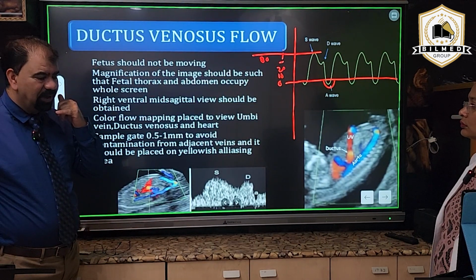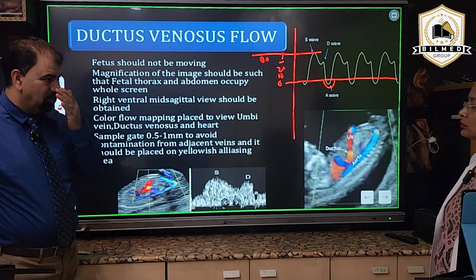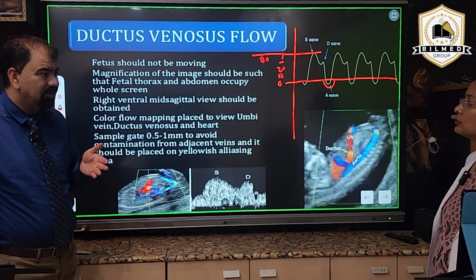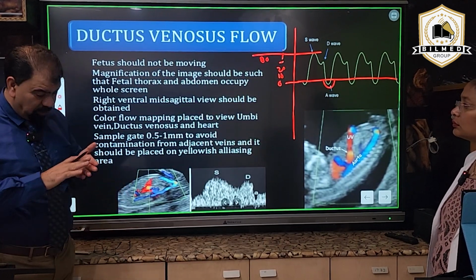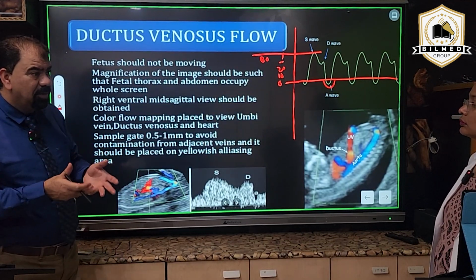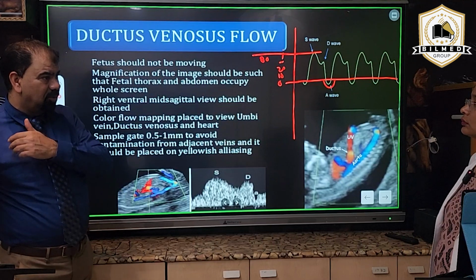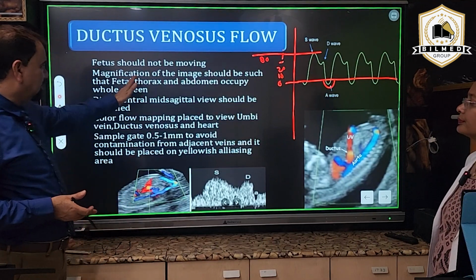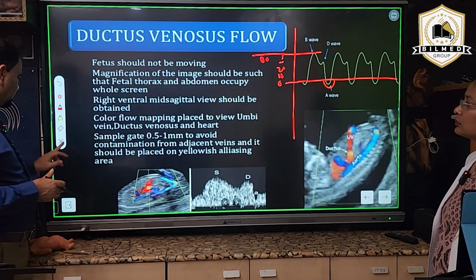You are hitting a hepatic vein and sending a patient to me with an abnormal ductus venosus, then he or she will open the book and will read. Actually, it is you who has to demand things from that doctor who is doing it. So this is the importance of knowing things.